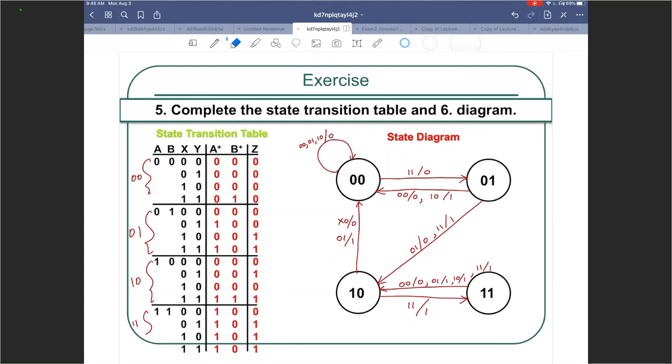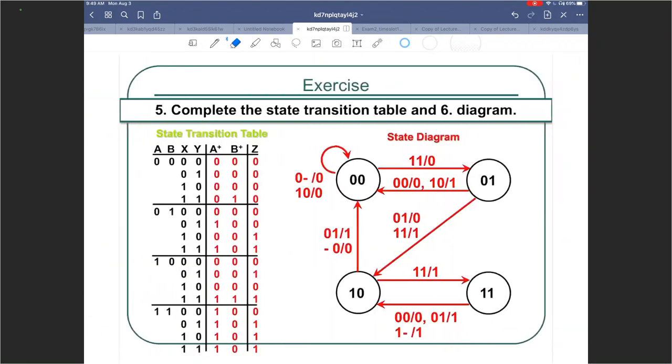So output is 0 there, 0 0 1 1 there, 0 1 0 1 there. Okay, so there's nothing we can do there. So that's what we have derived, right?